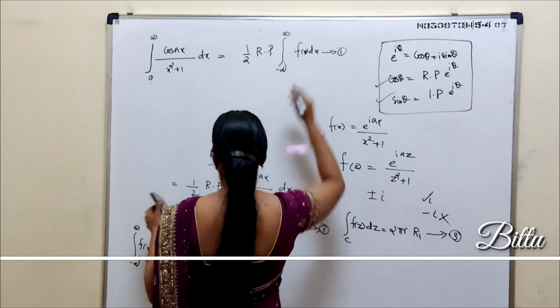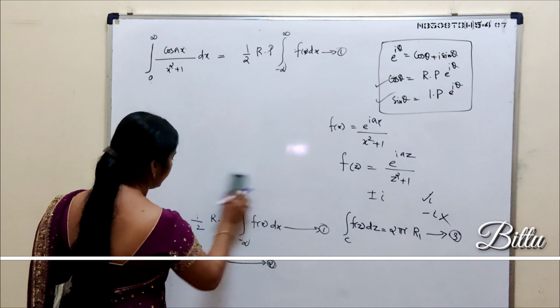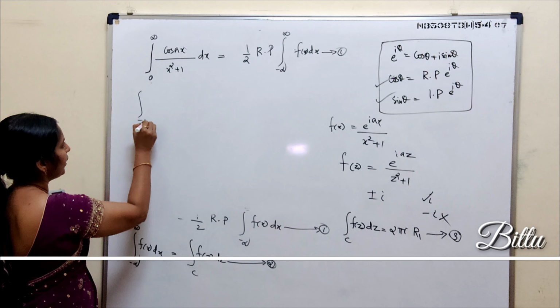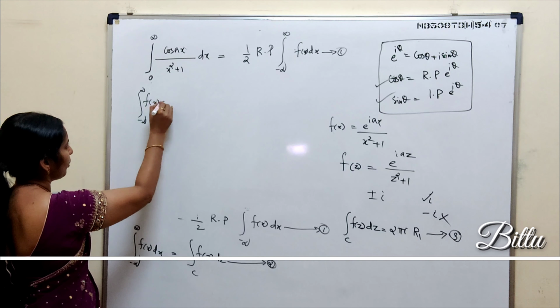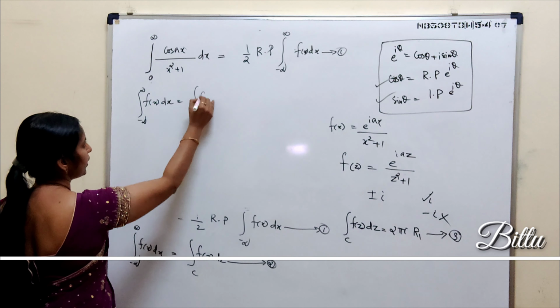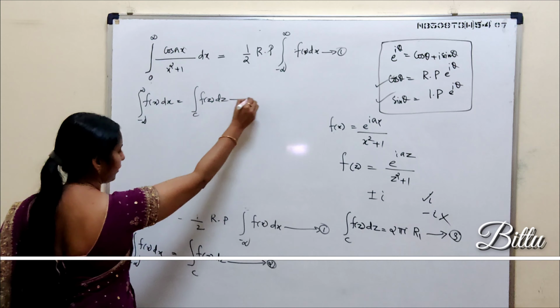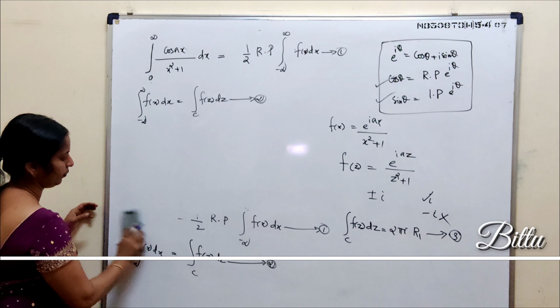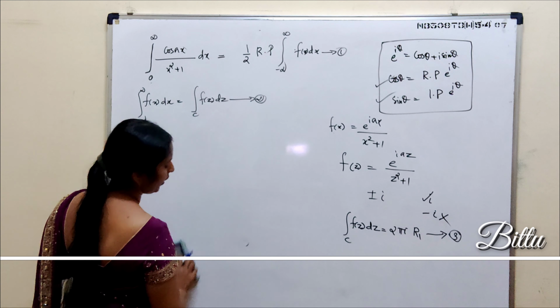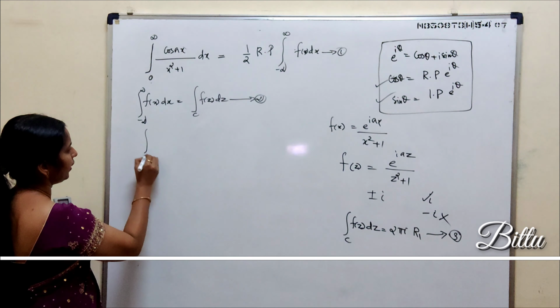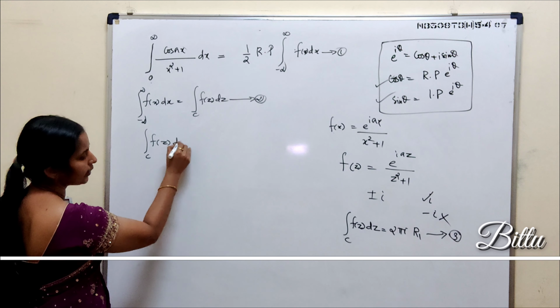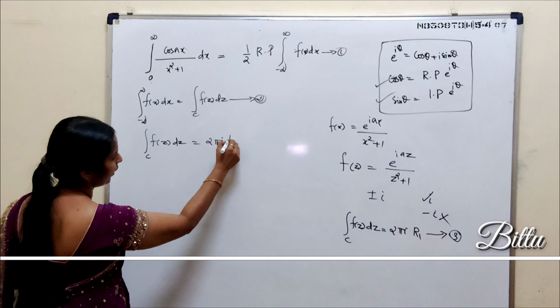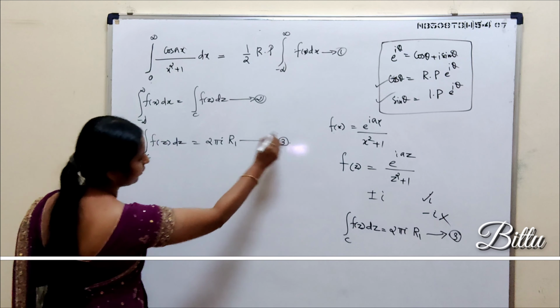That is equation number 1. The integral from minus infinity to infinity of f(x) dx is given by the integral over C of f(z) dz. That is equation number 2. And again by 3, the integral over C of f(z) dz is 2 pi i R1. That is equation number 3.